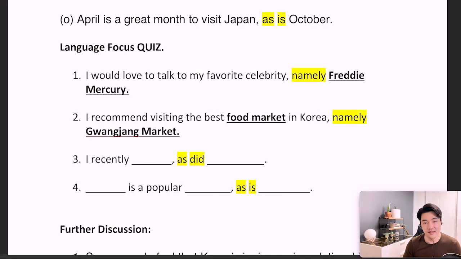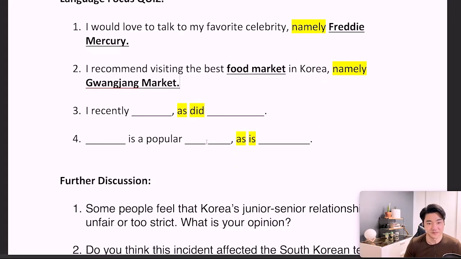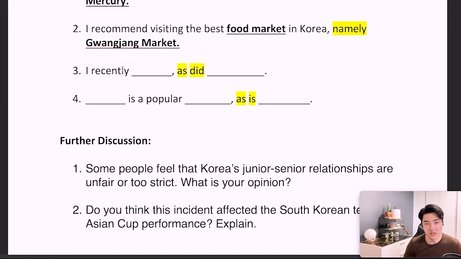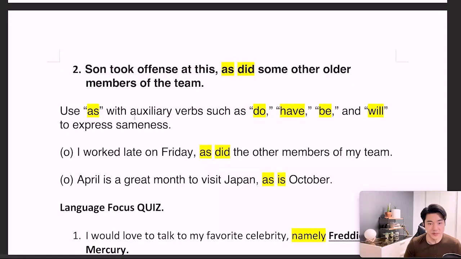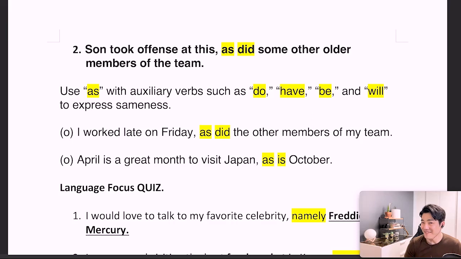So I recommend visiting the best food market, which is 광장 market.